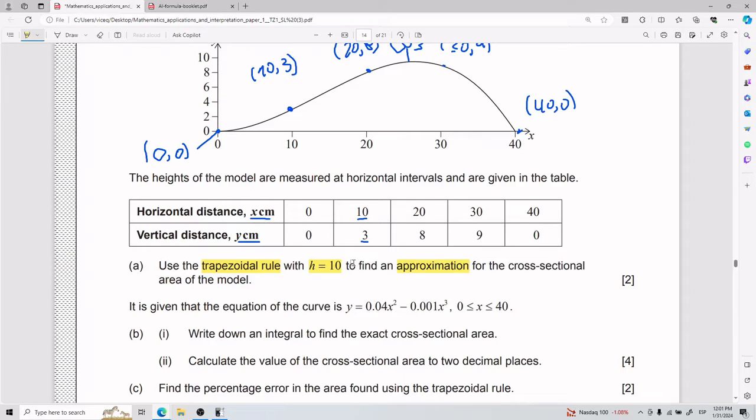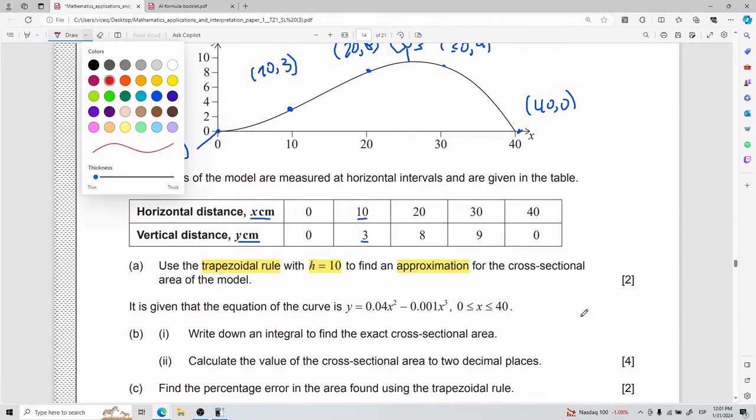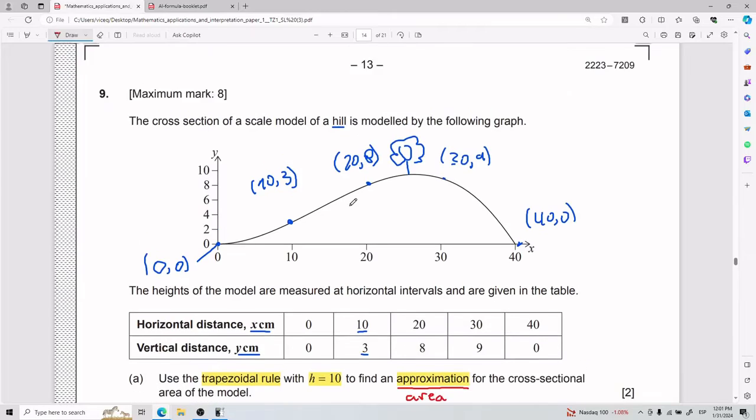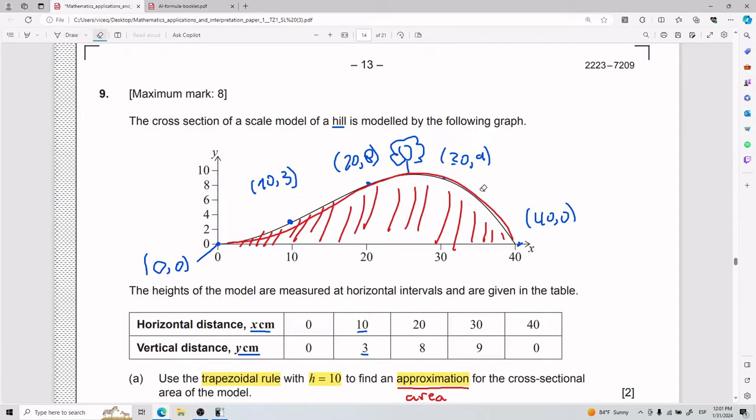Okay, so the reason you use the trapezoidal rule is because it is, as it says here, an approximation for area. If you want to find the area of this hill, like all the earth underneath, or what's in red, finding the area of something with curves can be very hard.